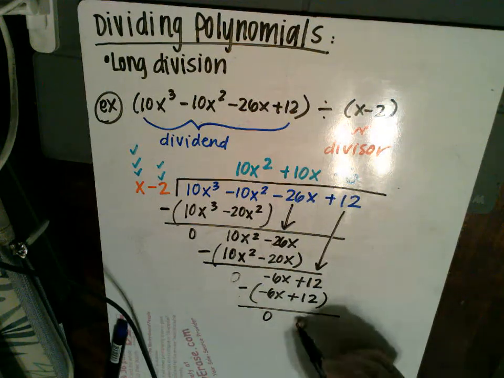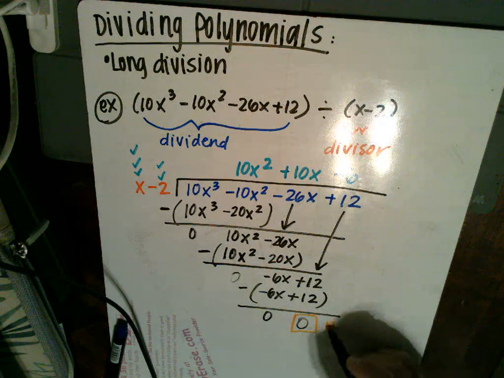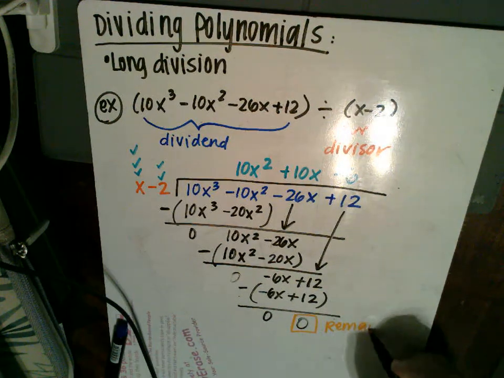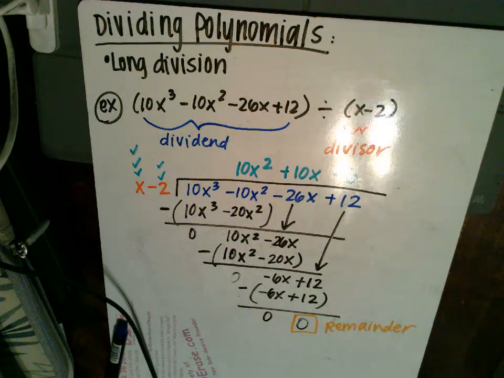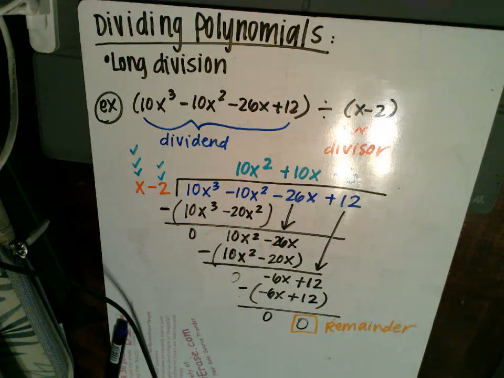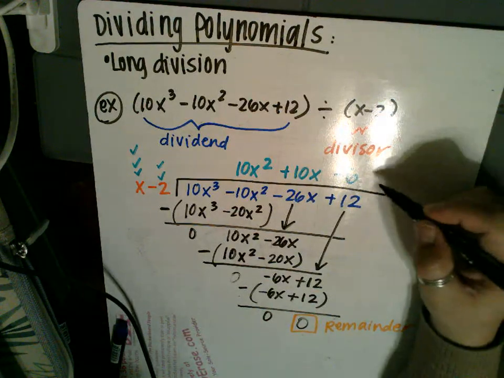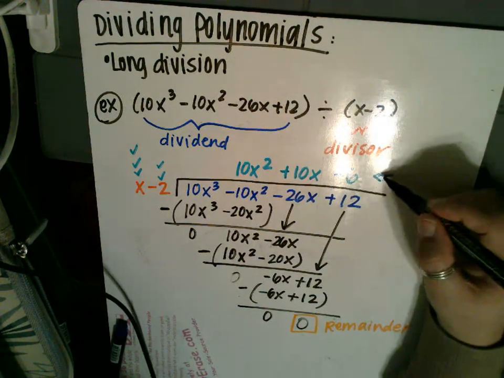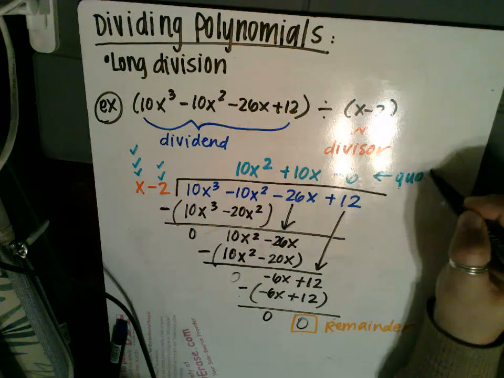So in this example, 0 is my remainder because there's nothing left to drop down. There's nothing else to multiply. And this value up on the top, this is my quotient.